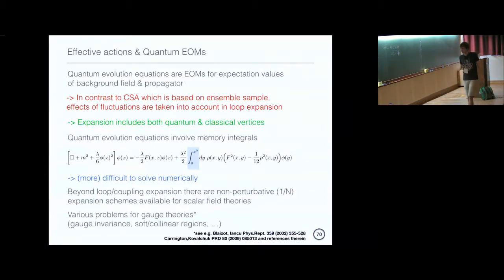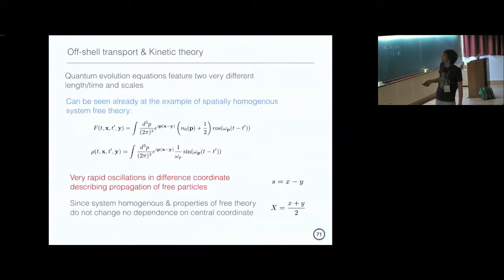I also just wanted to give you a little bit of a feeling of what there is out there in terms of non-equilibrium. These equations of motion are a little bit nasty for two reasons. One is that we have these memory integrals, which really makes them a pain. But also they're not really that efficient, because they feature two distinct time and length scales. This can already be seen in the example of a spatially homogeneous free field.